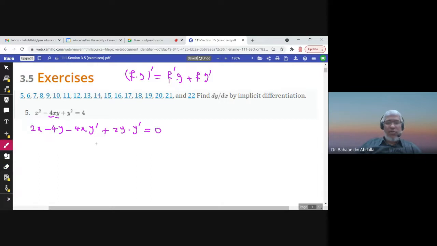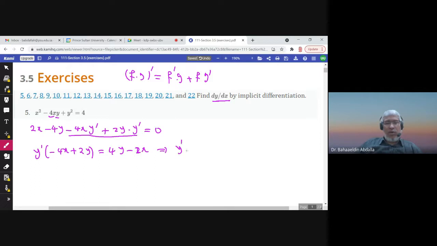That's it. Now we just need to solve for y prime to find dy by dx or y prime. So I will take y prime as a common factor from these two terms. And I will take these two terms to the other side.